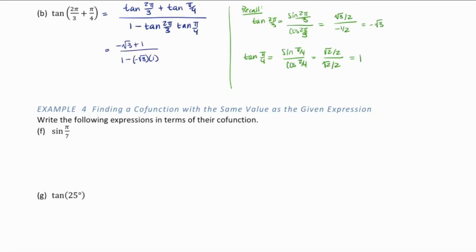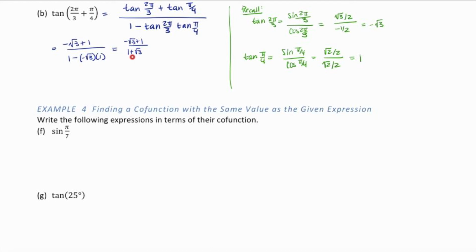And bear with me, I'm running out of space, so I've got to figure out a way to reposition this. Here we go. So this becomes negative root 3 plus 1 divided by 1 plus root 3. Let's multiply by the conjugate here.